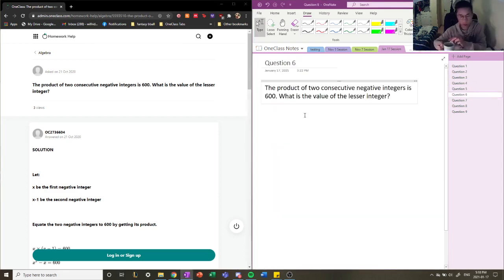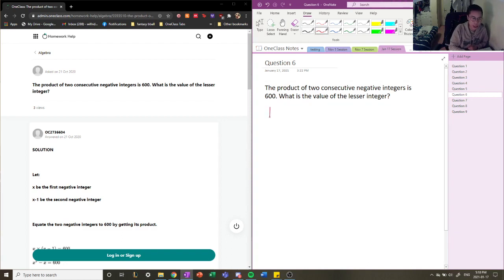Next question reads, the product of two consecutive negative integers is 600. What is the value of the lesser integer? So when I'm thinking about the lesser integer, I'm thinking about the integer that is closer to 0 in terms of negatives, okay? So first of all, they give us a statement here, okay?